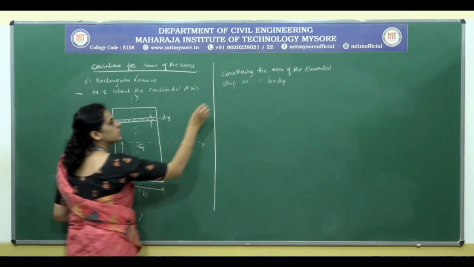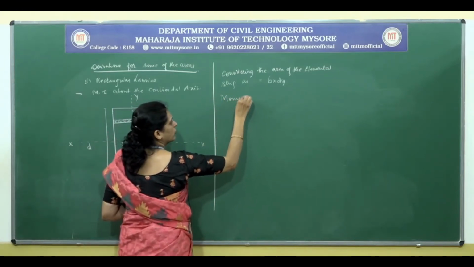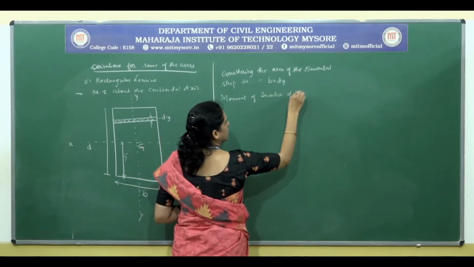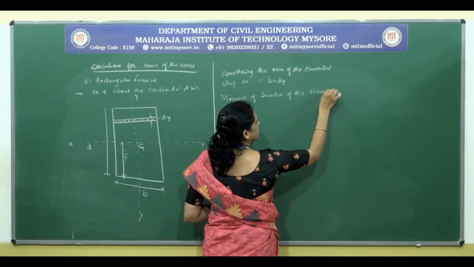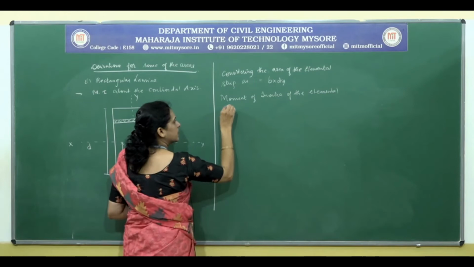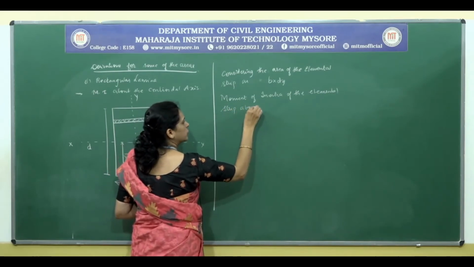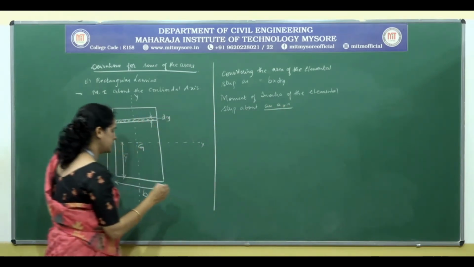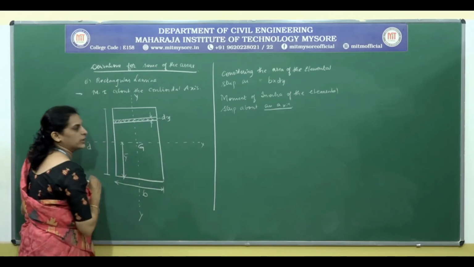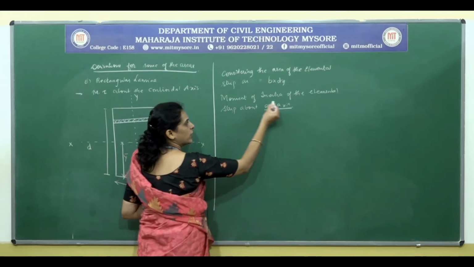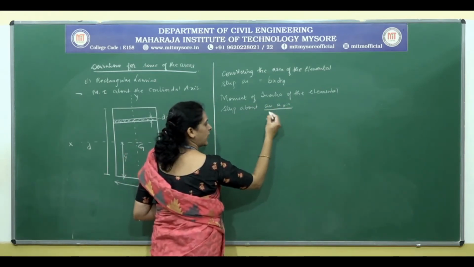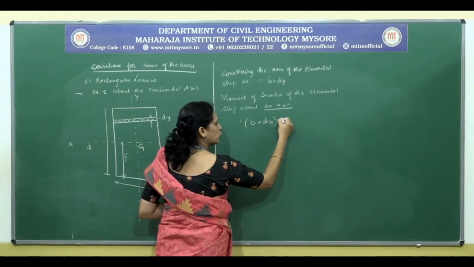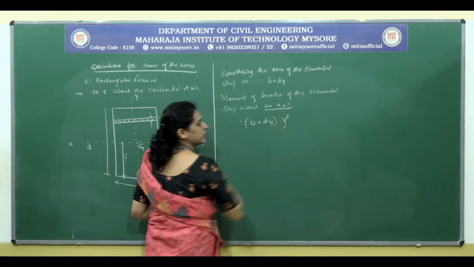The moment of inertia of the elemental strip about an axis, this reference axis that we have noted down here, is equal to area into square of the distance.